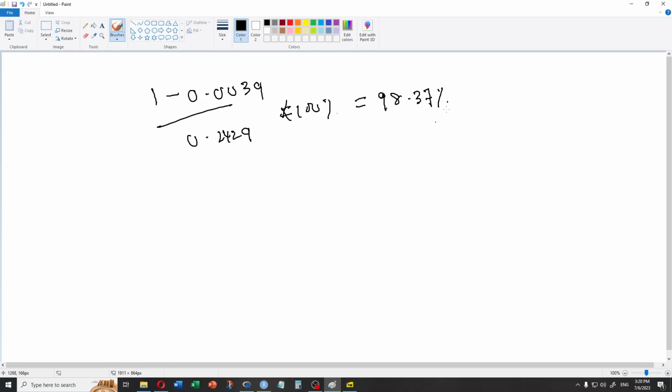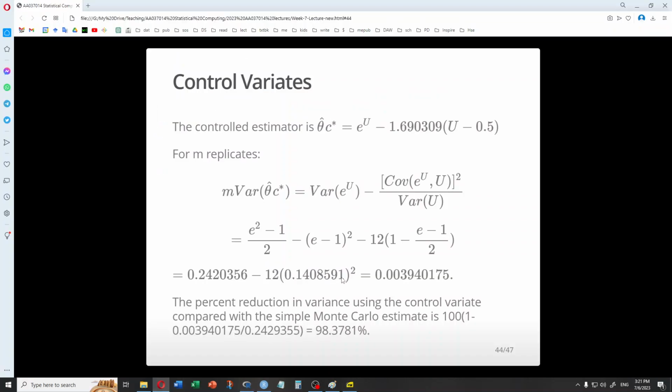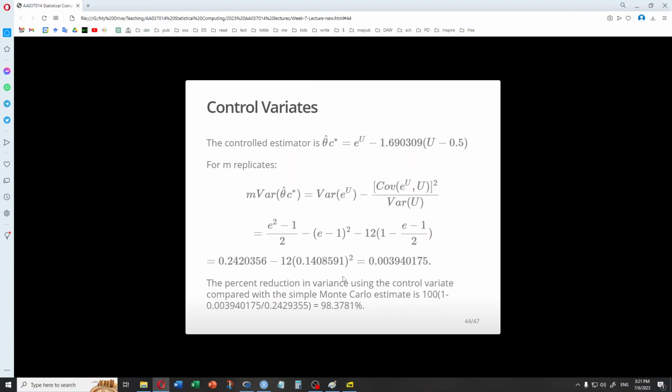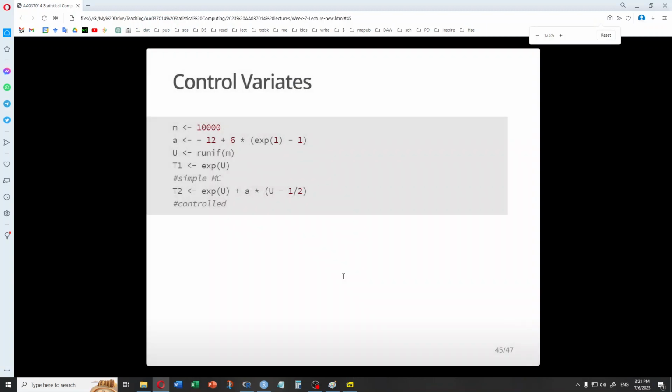Now let us see how this is implemented in R. First we set m equal to 10,000 replicates, and a is equal to negative 12 plus 6 times (e minus 1), which is c star.